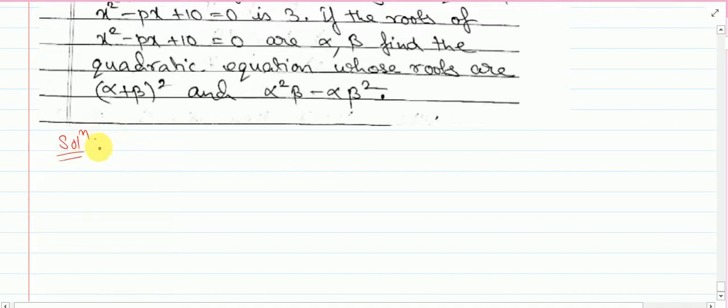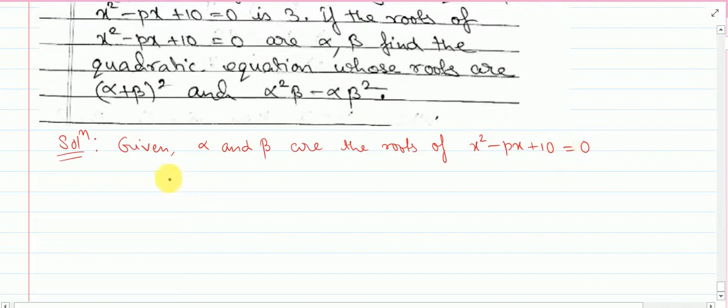Solution. Given alpha and beta are the roots of x squared minus px plus 10 is equal to 0.